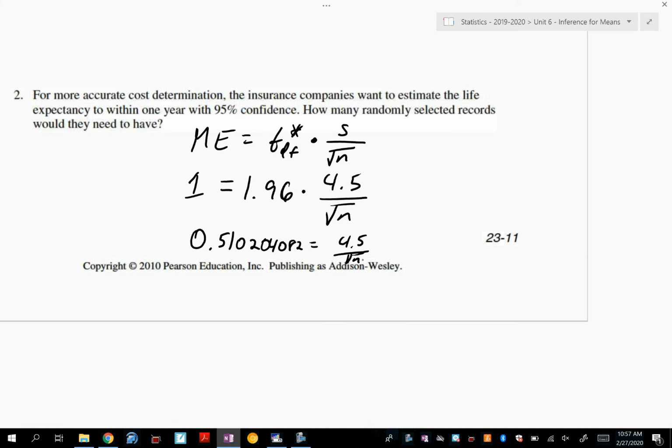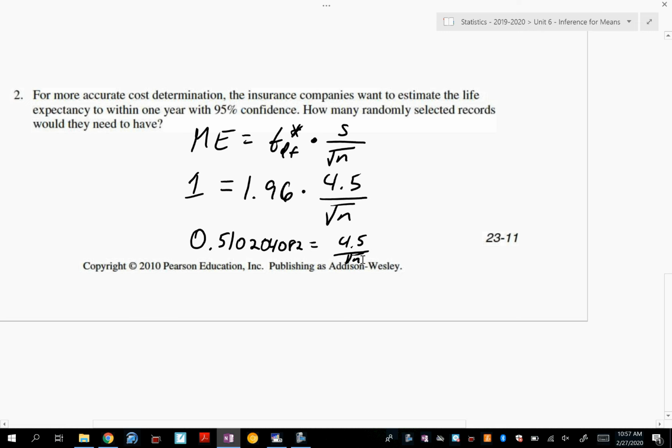The way my brain does it is I see the square root of n in the denominator, and I want to move that out of the denominator. And then I'm going to move this number over there with division. So in the calculator, I'm going to divide 4.5 by the 0.51 number, and I get 8.81 and a bunch of decimals.